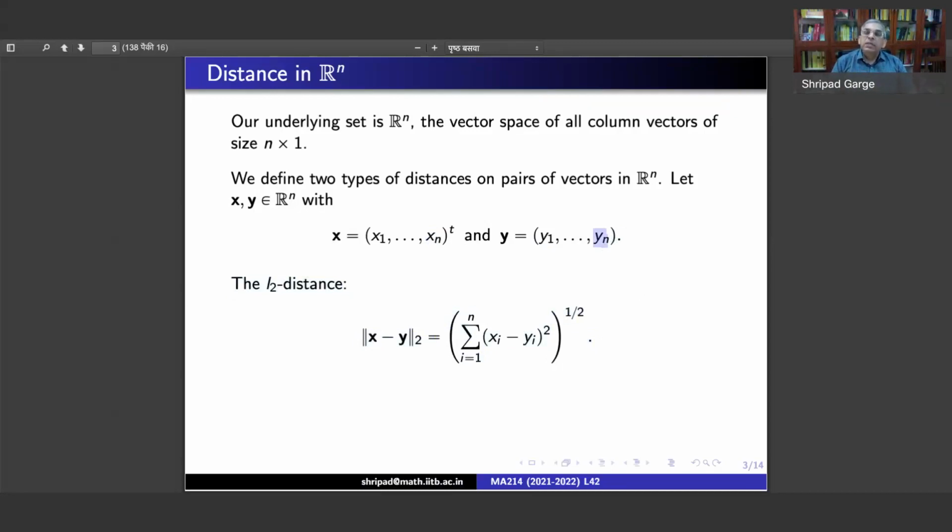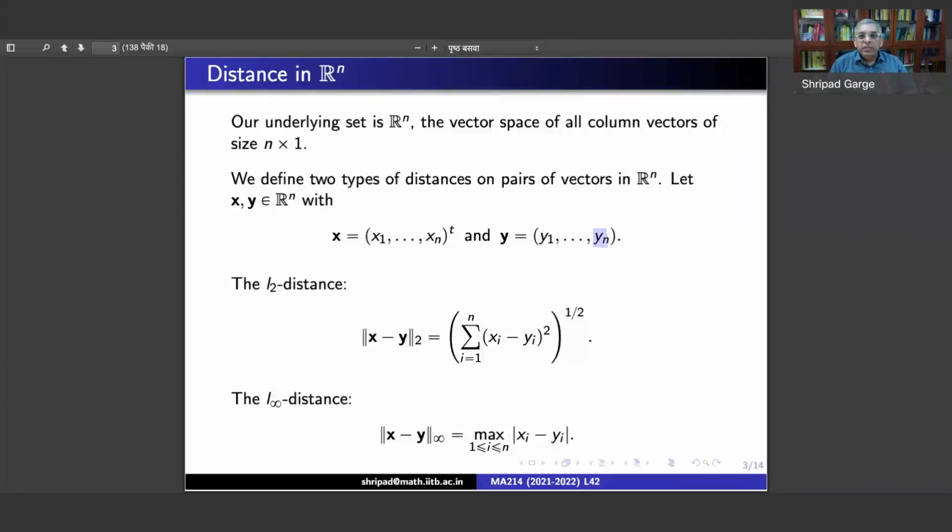This is defined to be the L2 distance. And then there is one more distance, which is the L infinity distance, which is simply the maximum of the mod xi minus yi. So you take x1 minus y1 all the way up to xn minus yn, put modulus sign for all of them and take the maximum. That is the L infinity distance.